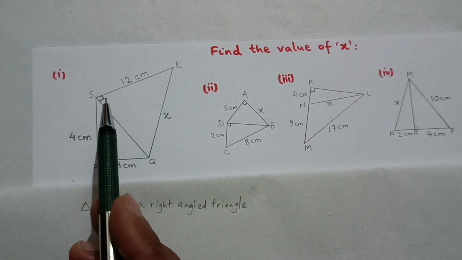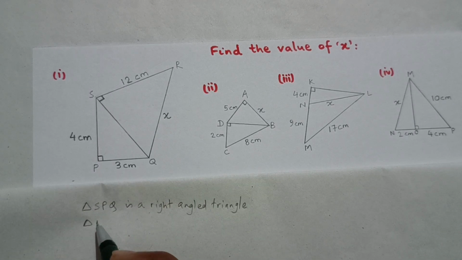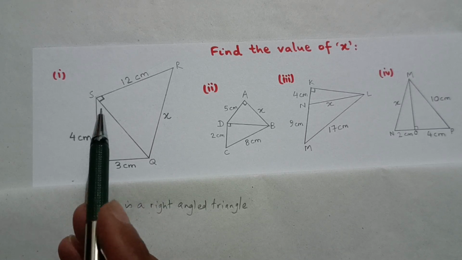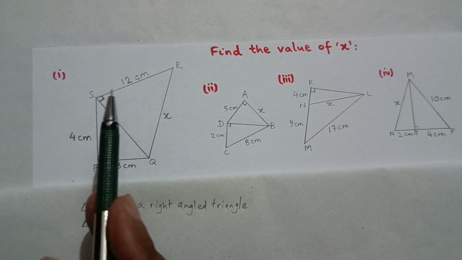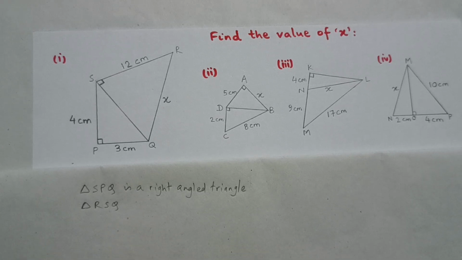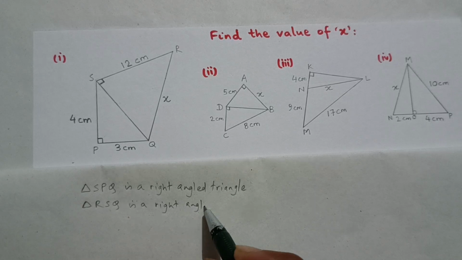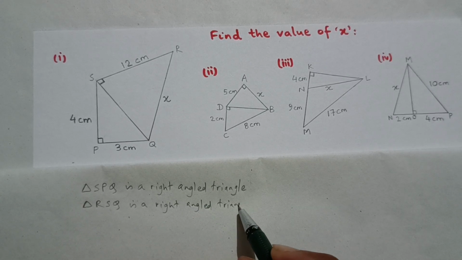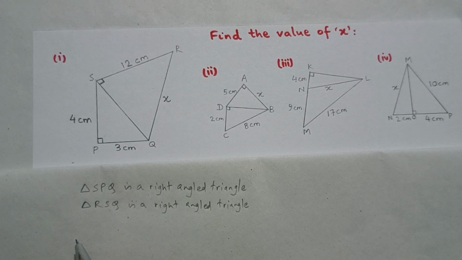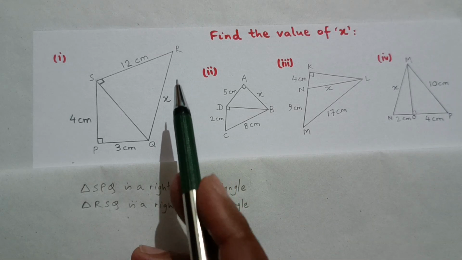Similarly, the other triangle is triangle RSQ. Triangle RSQ is also a right angled triangle because here the angle RSQ is 90 degrees. So these are the two triangles in our diagram. Now we have to find out the value of x, or the measure of side RQ.